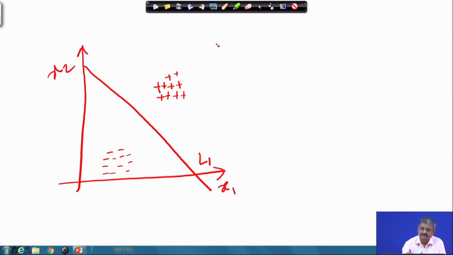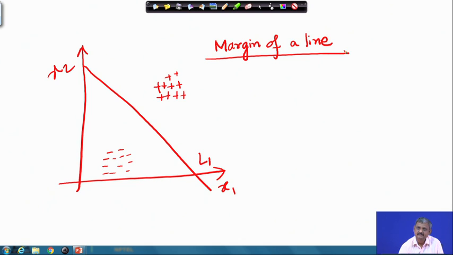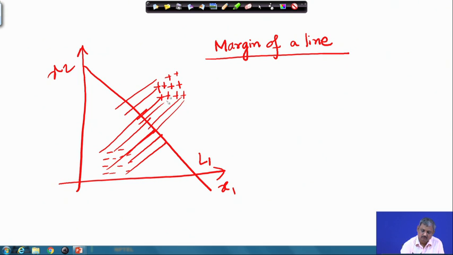I define a quantity called the margin of a line. What is the margin of a line? You take the closest point to that line. How do you find the closest point? Drop a perpendicular from every point to the line. See which point has the smallest perpendicular distance. Let us say this point.